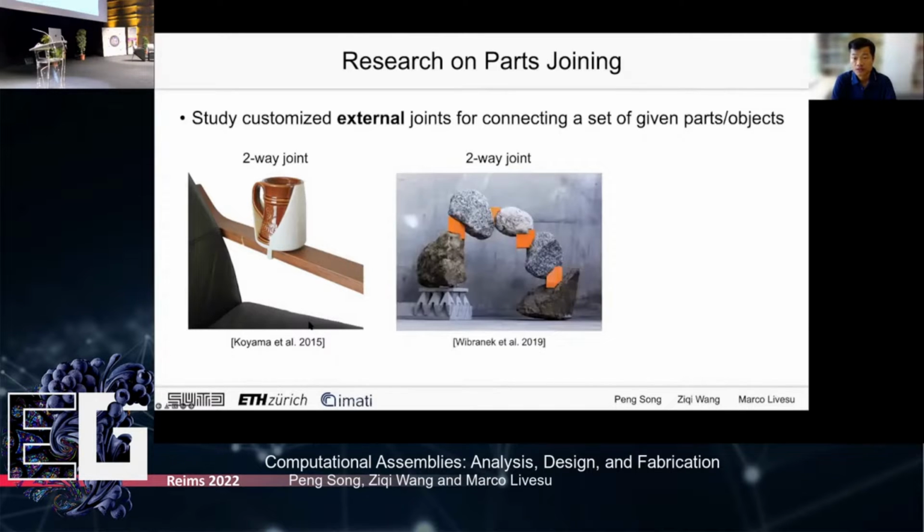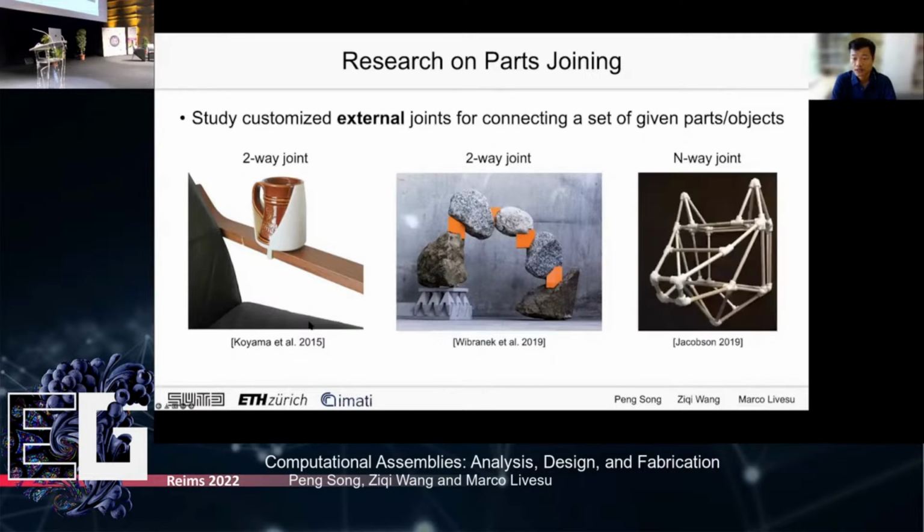In the middle example, 4 two-way joints are designed to build a stable arch with stones. The geometry of each joint is modeled to fit the reconstructed shape of the stones. In the right example, many n-way joints are modeled and planned to build a stable frame structure.